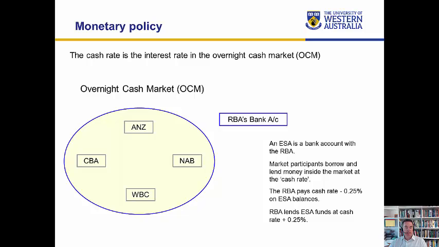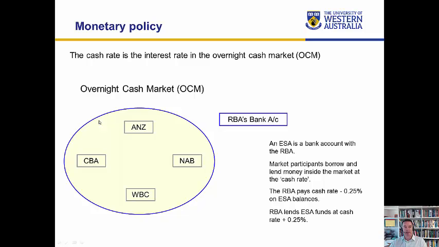So let's just start off by trying to work out what the cash rate is. Now let's just assume that, taking a step back, the amount of money that is in this market at any given point in time is around about $750 million. Now that doesn't sound like a lot to a lot of people, but that's all that's required. Once you understand the role of this market, 750 million is plenty.